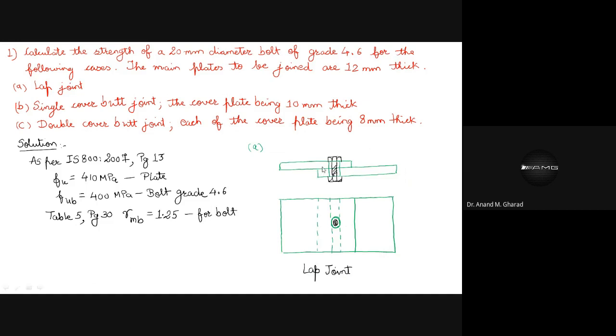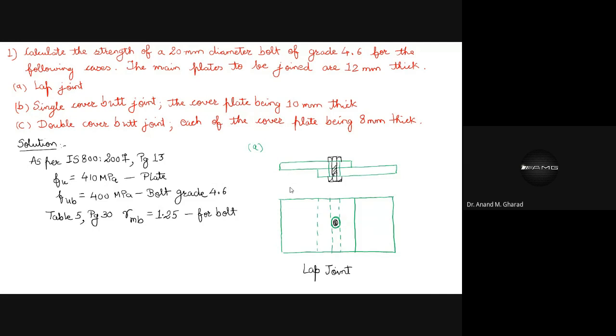In case of lap joint wherein only two plates are connected, how many shear planes do we observe? I have told you one formula, if you remember. The number of shear planes will be equal to the number of plates connected minus 1. So over here, the shear plane comes out to be 1, since there are two plates. And therefore, the bolt will be subjected to single shear and bearing.